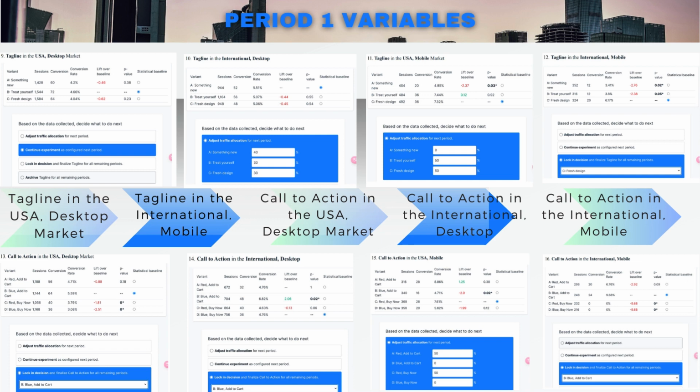And call to action in the USA desktop market, they chose blue as the best color for them. The same for call to action on the international desktop side, and the same on the international mobile side.